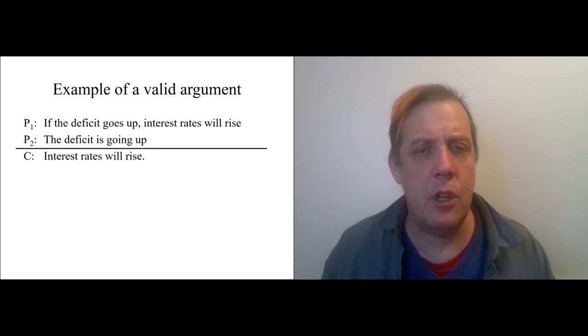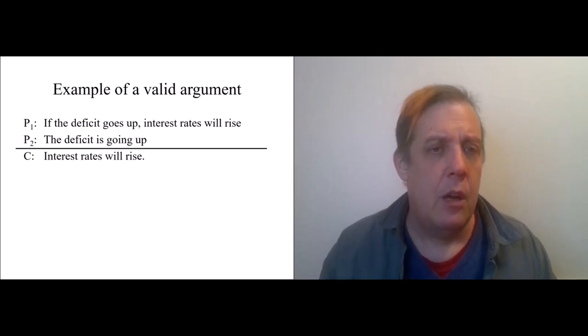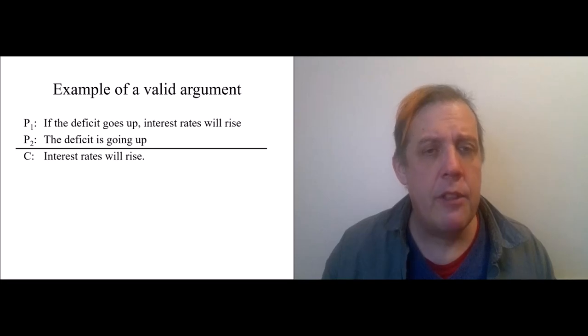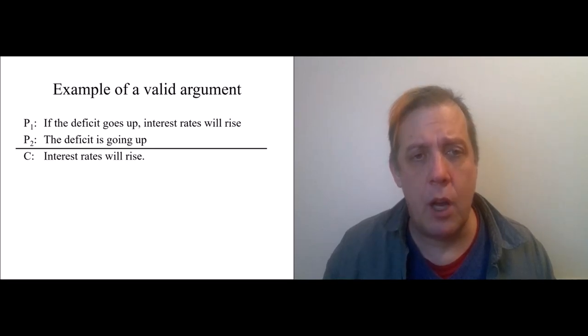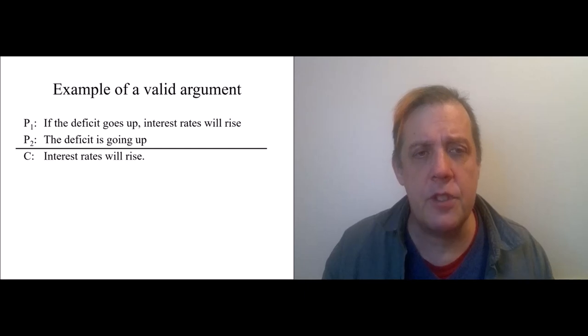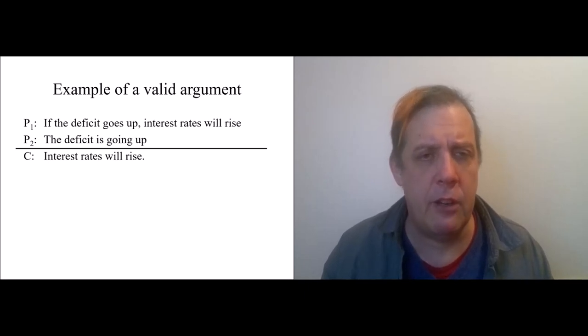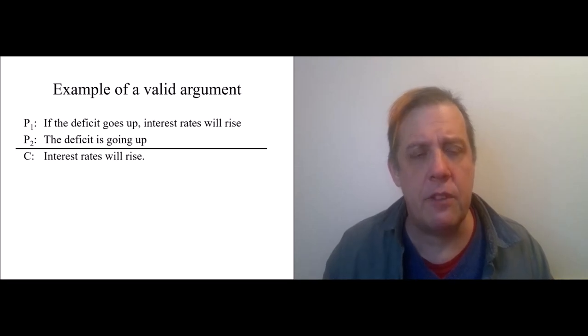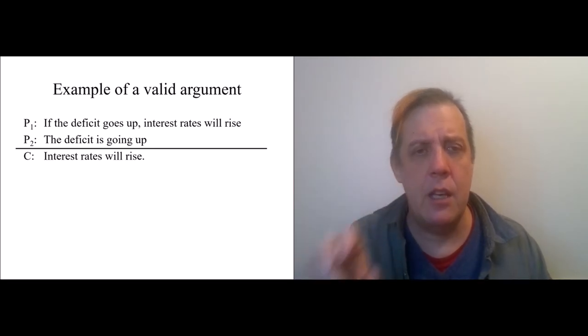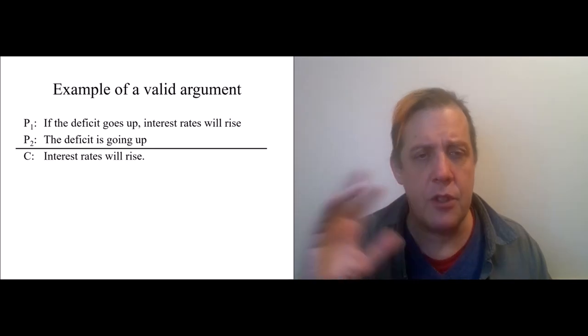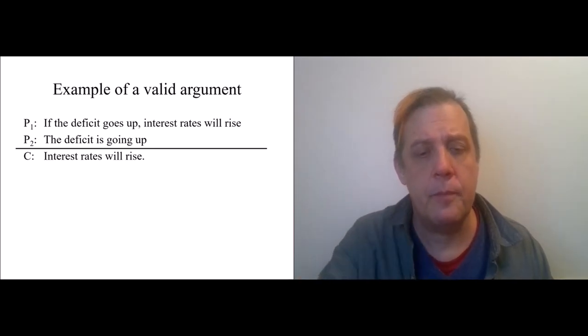If the deficit goes up, then interest rates will rise. Deficits are going up, therefore interest rates will rise. If you imagine that first statement is a perfectly verified if-then statement, then the argument is valid. It's if A, then B, A, therefore B. That is a structure that is always true.